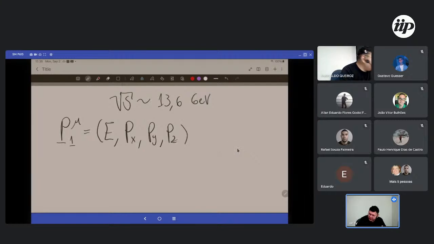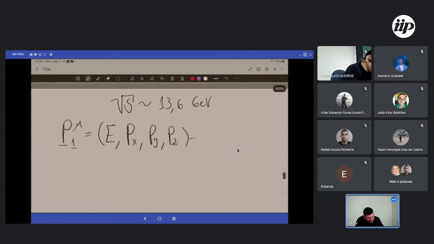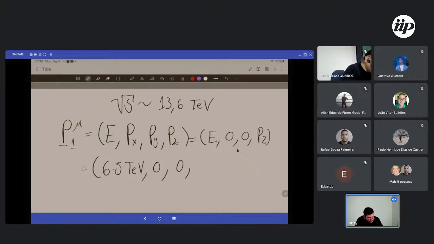And following the collider coordinates, we don't have components for the protons in the x and y momentum. So we only have energy, 0, 0, and the z momentum, and this is equal to 6.5 TeV, and 0, 0, and 6.5 TeV, right?